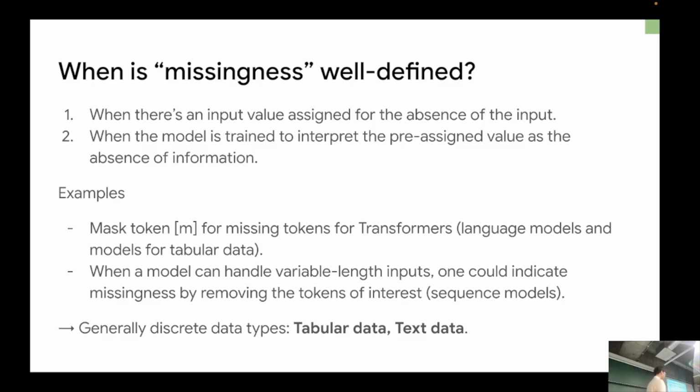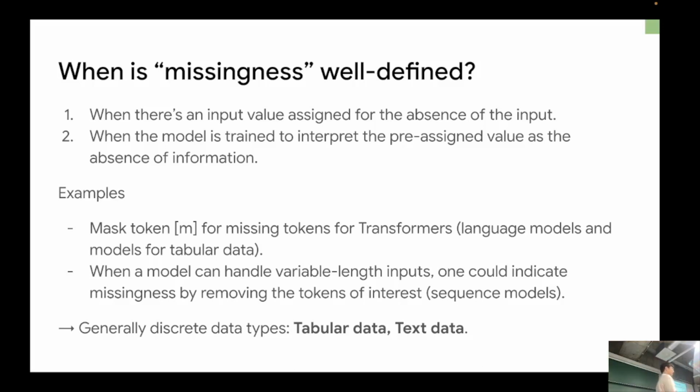So what happens if you give some natural language input to, let's say, a language model, is that the model should always take some fixed length input anyway, right? Because it's a parametric model, so it has to know how to deal with a fixed size tensor instead of some varying size, or at least there should be an upper limit on how much length it can take care of. But what's special about a language model is that it has this special token called the mask token, and it knows what to do with those mask tokens.